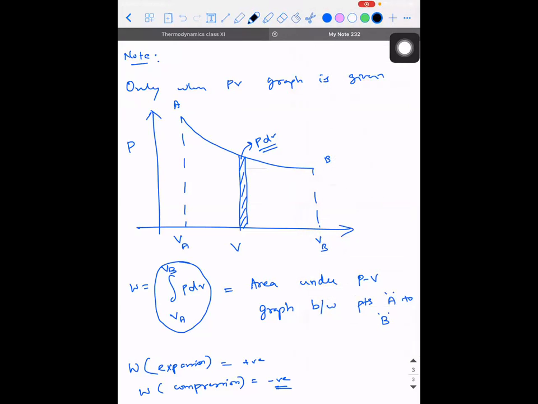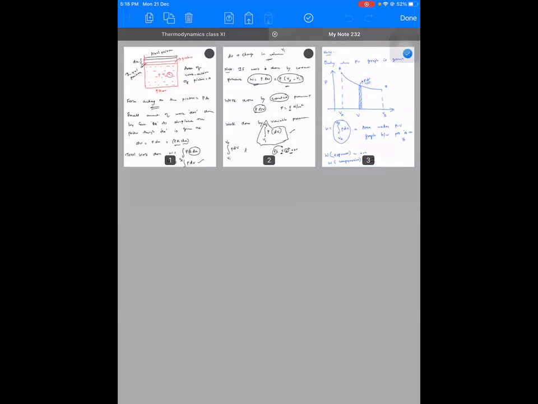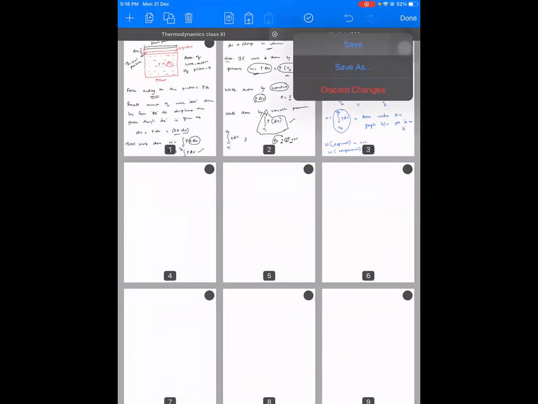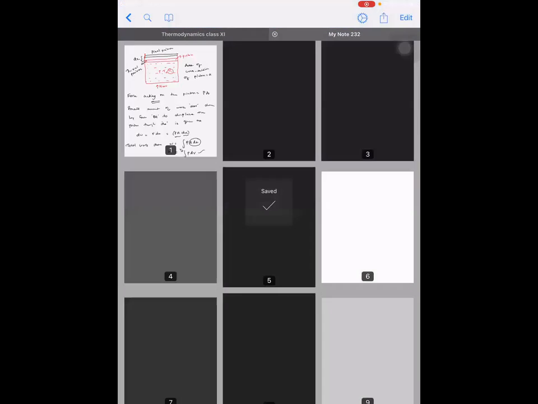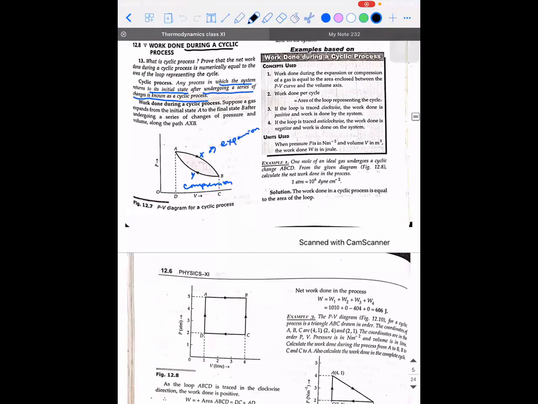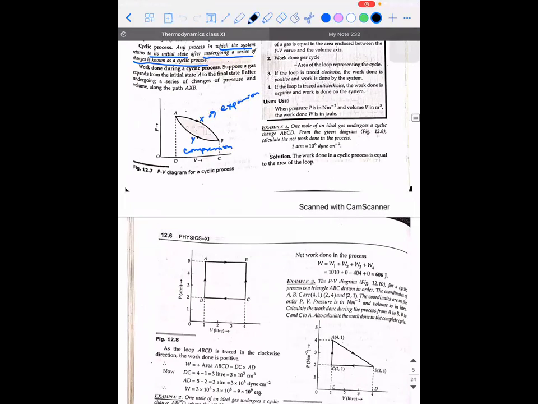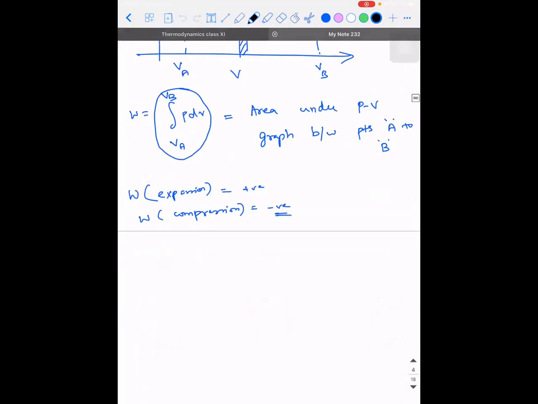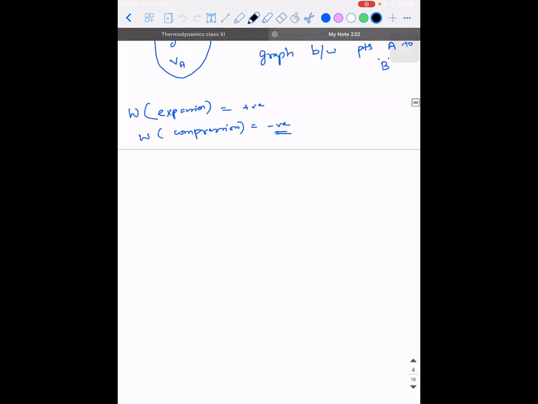I'll do a few problems, you'll understand, don't worry about it. Expansion is positive, compression is negative.